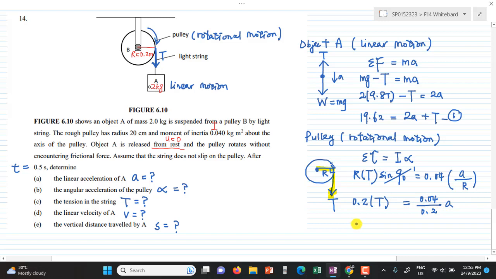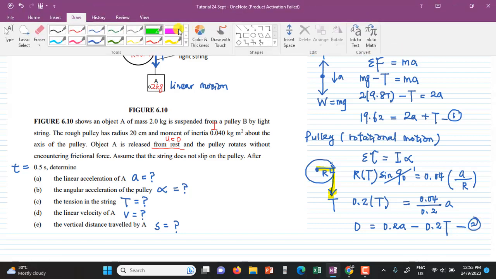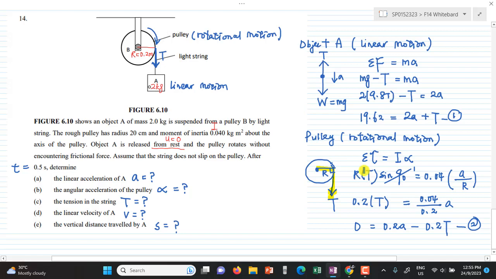So I'm going to have 0 equal to 0.04 divided by 0.2, which is 0.2a, and 0.2T I move to the right, so I have minus 0.2T. So this will be my second equation. So class, use your calculator.